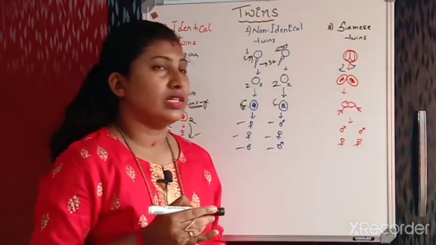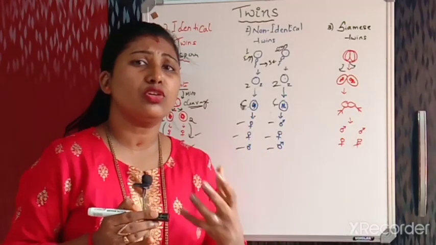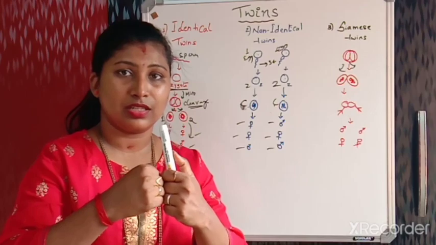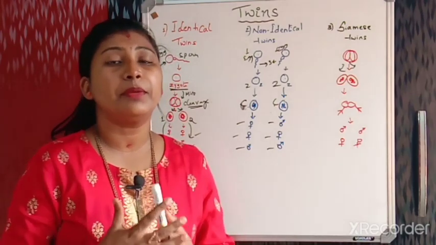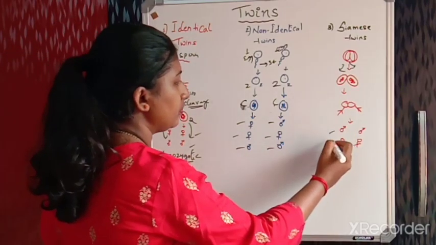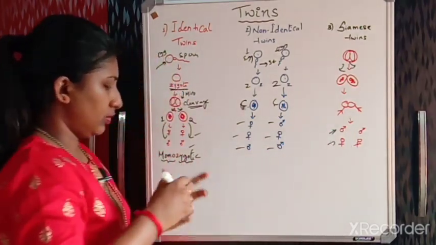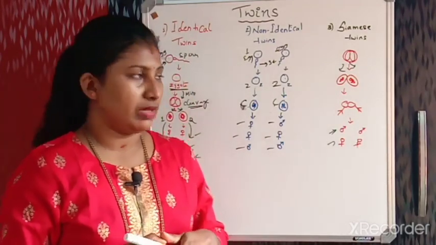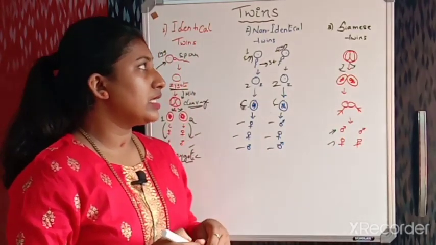Due to this, some part of the body of these twins will be attached, either the head region or the hip region, and the progenies produced will be both males or both females. So this is the case in Siamese twins.